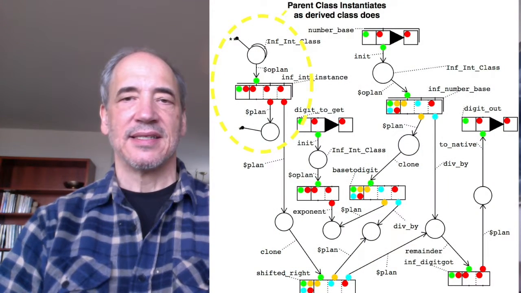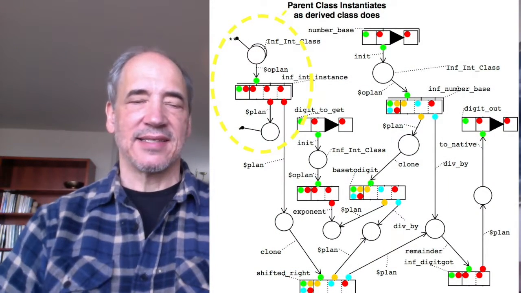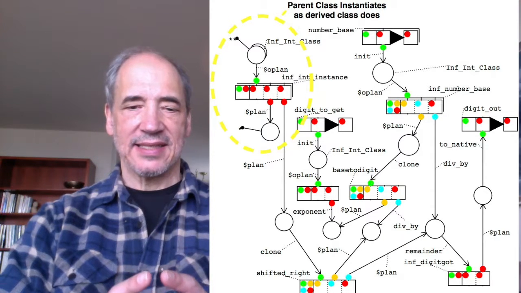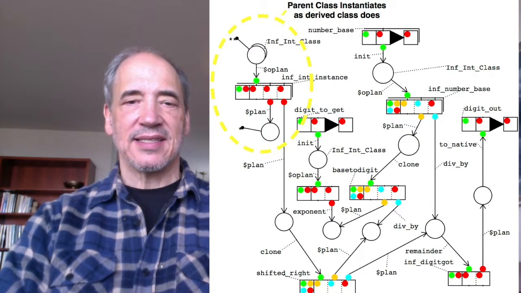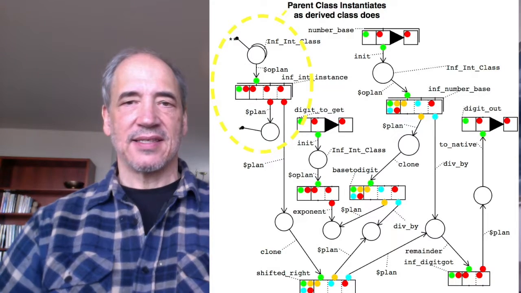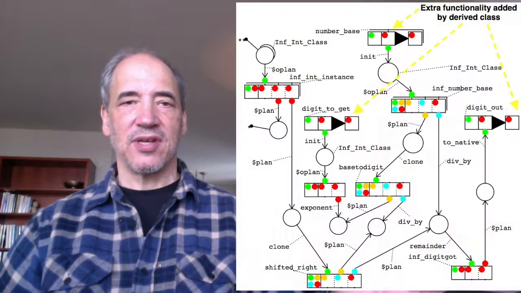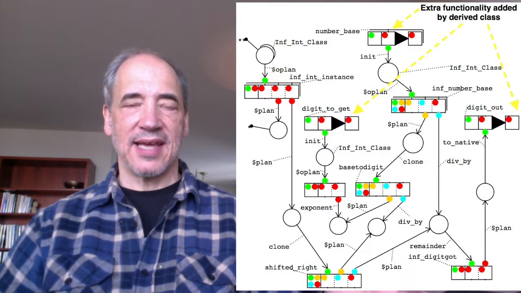Now, as far as creating some classes from other classes, ScalPL uses just standard delegation for that. That is, what it really does is it includes a context in one class that has another class inside of it. So you have a parent class inside of a subclass. And any time the subclass wants to handle extra functionality, it can.